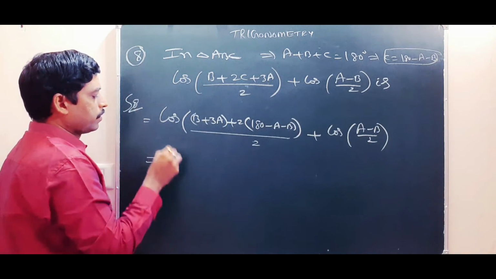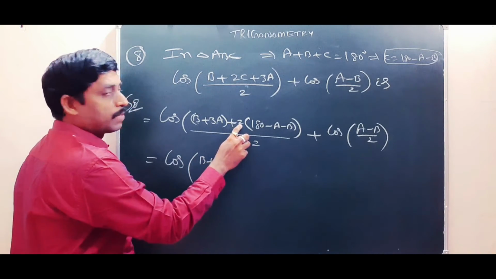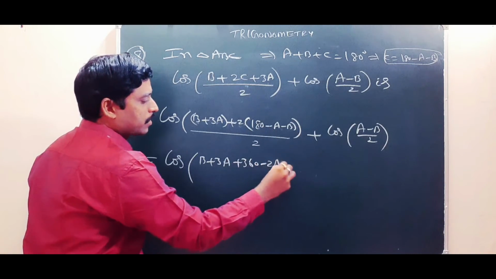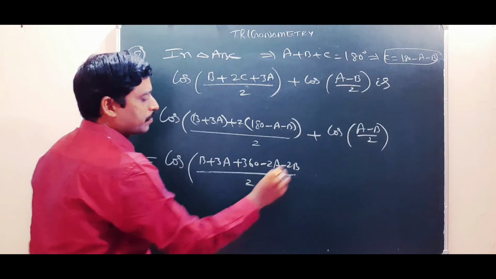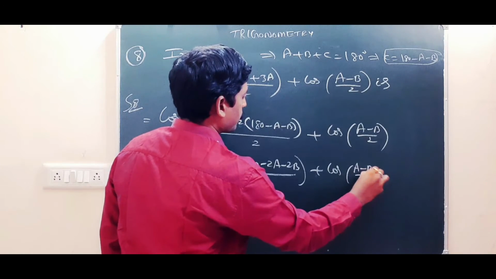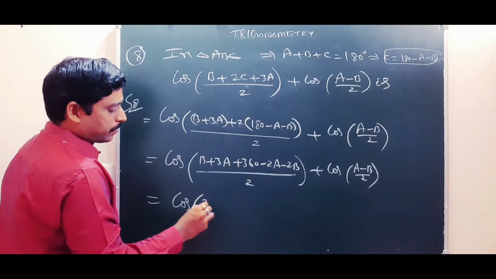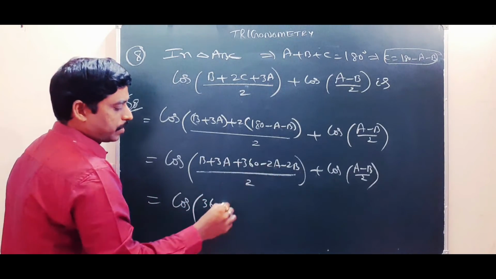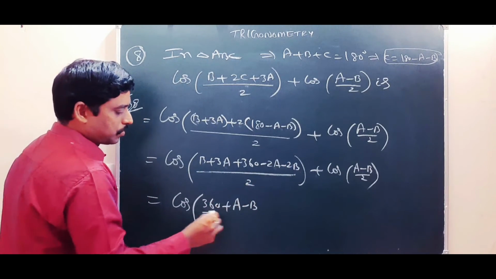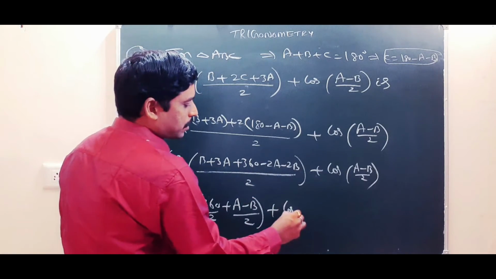Now it will be cos of (B plus 3A, 2 multiplied to all, 2 into 180 is 360, minus 2A minus 2B) by 2, plus cos (A minus B) by 2, written as it is. Okay, cos of, it will be 360 plus 3A minus 2A is plus A, B minus 2B is minus B. Okay, what is the denominator? 2 by 2. 360 by 2 plus (A minus B) by 2, plus cos (A minus B) by 2.